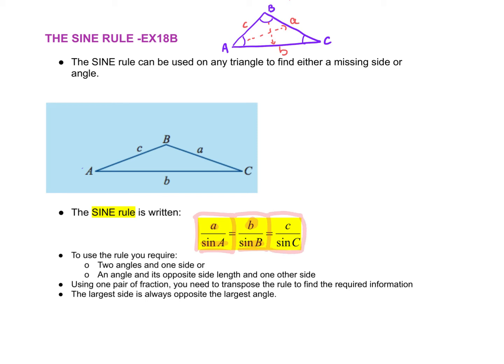When we're trying to find an unknown side, we'll find that we have some of the information and we'll be able to use this rule. You can use this rule when you have two angles and one side and you need to find another side, or if you have an angle that's opposite a side length of another side. But don't worry, let's just practice this rule first.